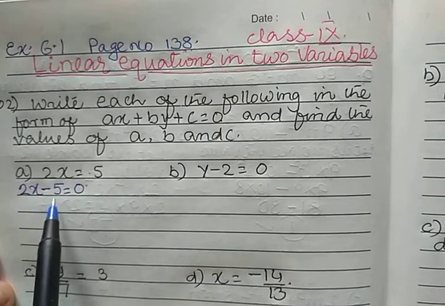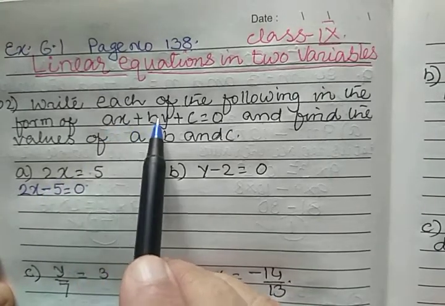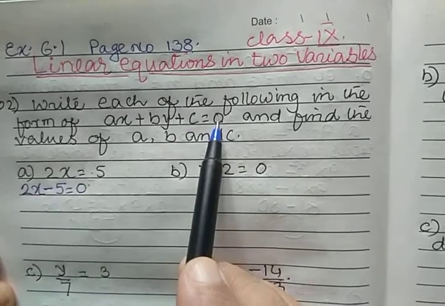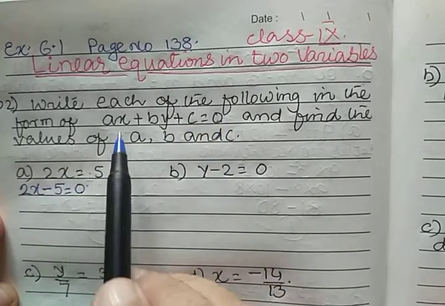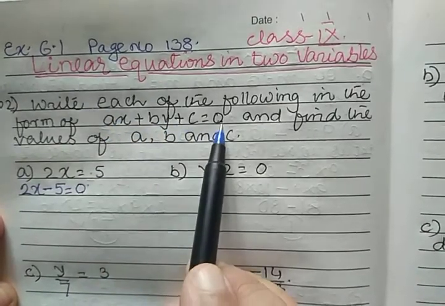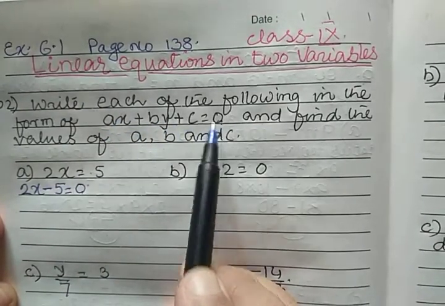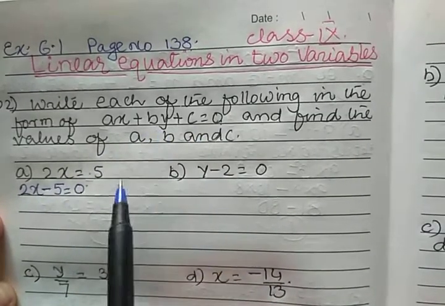When you compare this with the standard form ax plus by plus c is equal to 0, you find you do not have any term for by.